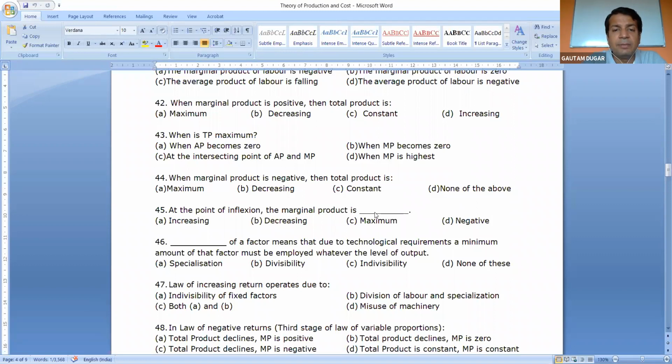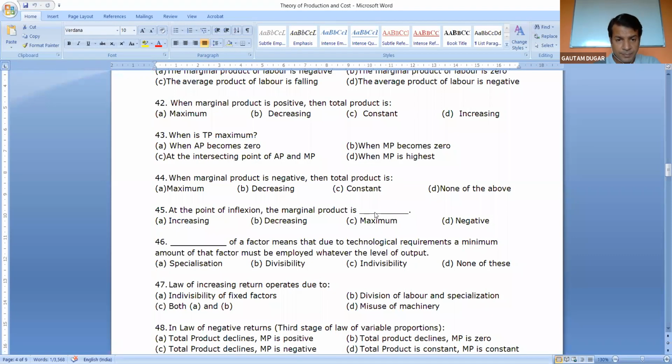Indivisibility of factor means that due to technological requirements, a minimum amount of that factor must be employed, whatever be the level of output. And indivisibility leads to increasing returns in the first stage of the law of variable proportion.